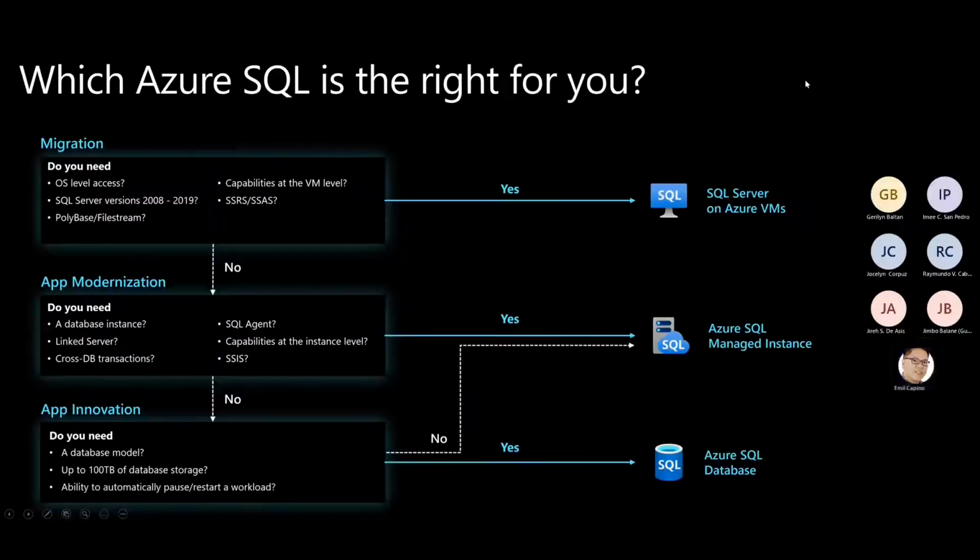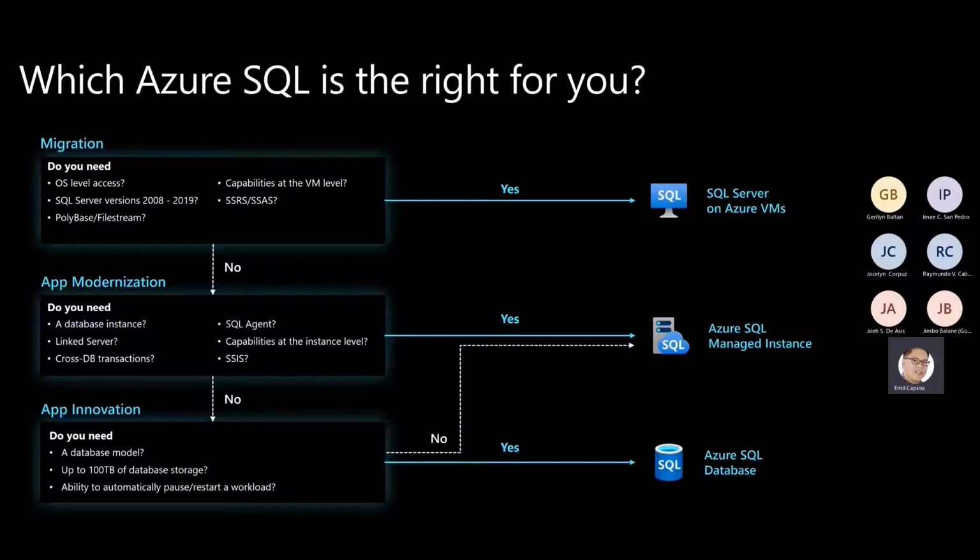So let's go through the decision points when migrating and choosing which Azure SQL database is right for you. If you just need to migrate your database and you need access to the OS level, then your option is SQL Server on Azure VM. If your current SQL Server version is 2008 to 2019, to maintain and reuse your licenses on premise, you can apply that towards your SQL Server Azure virtual machine.